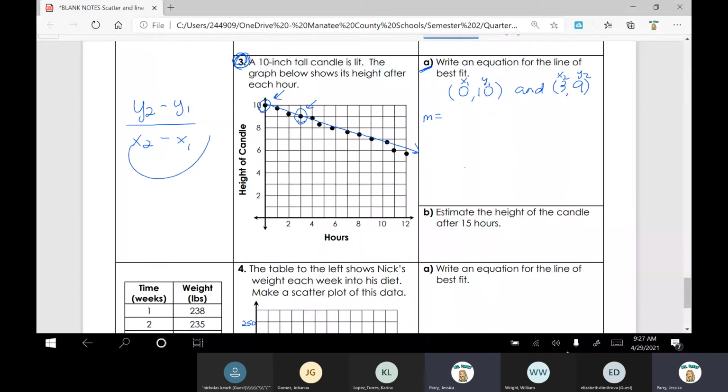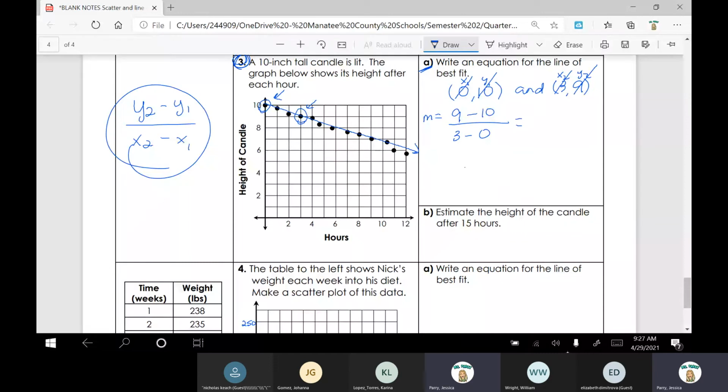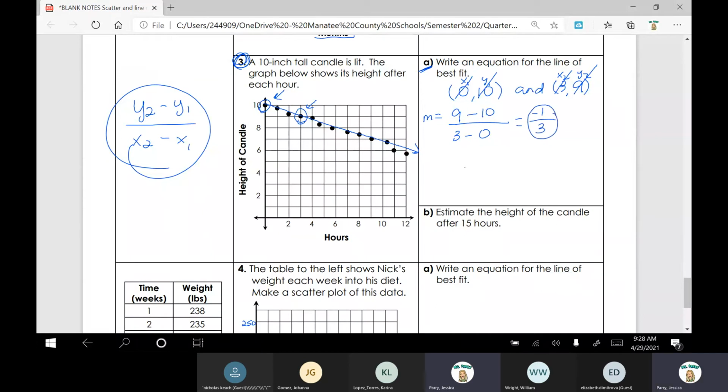Here's my formula, y2 minus y1. So I've got 9 minus 10 over x2 minus x1, 3 minus 0. And then we can simplify. 9 minus 10 is negative 1 over 3 minus 0 is 3. We've got part of our answer.